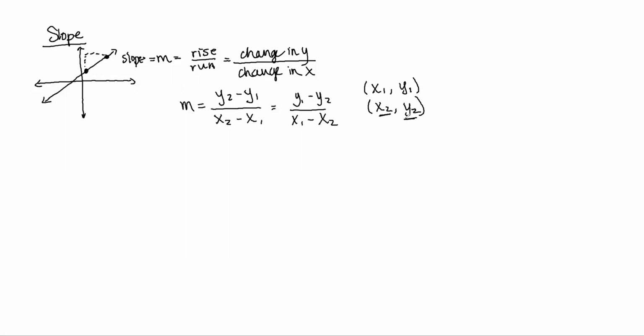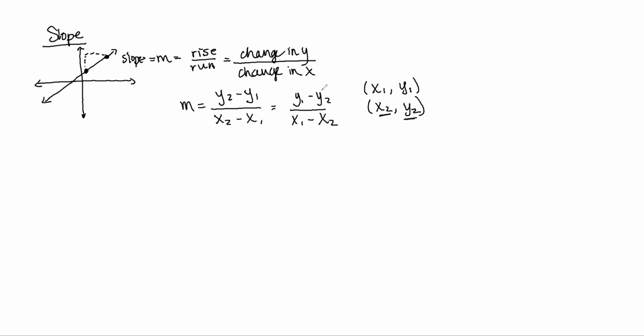So what I mean by that is right here, x2 and y2 are above each other and below each other, and so are x1 and y1. Same thing over here. If you switch them around, x2 and y2 still have to be together, so do x1 and y1. That's the important thing here. Doing them in a different order, but keeping them lined up is going to get you the same slope.